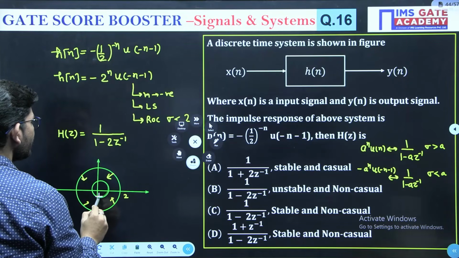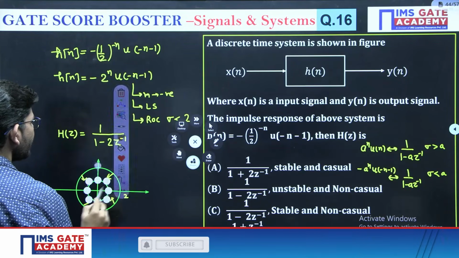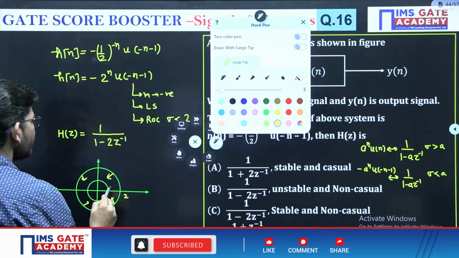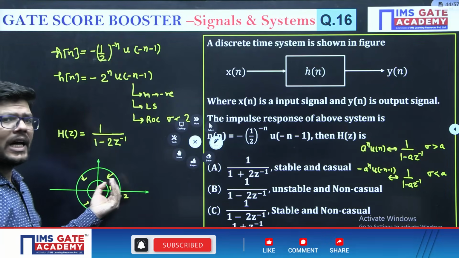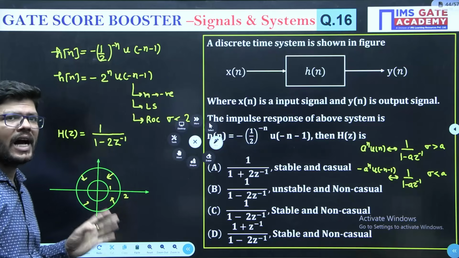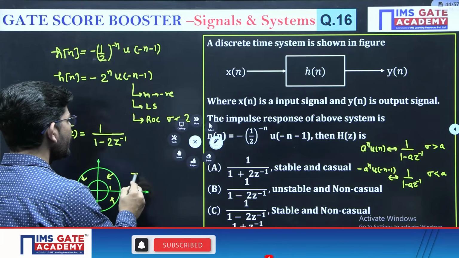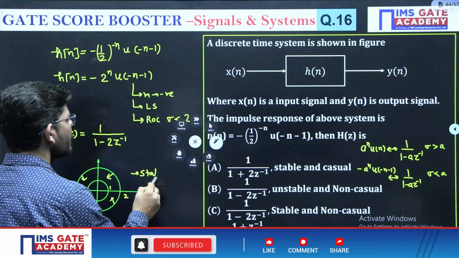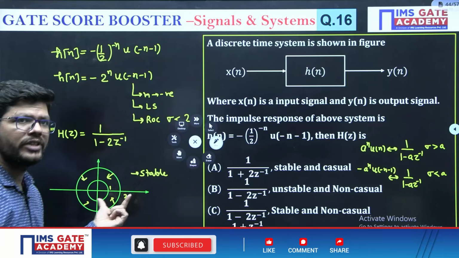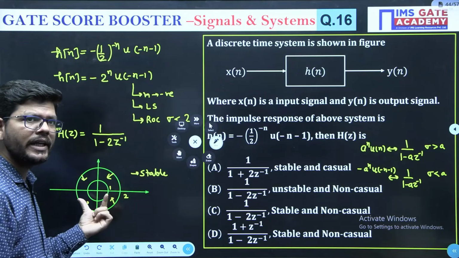So, the unit circle will be somewhere here. This is the unit circle. Now, whether this ROC is including the unit circle, the answer is yes, right? If it is including the unit circle, it is stable, right? Because ROC is including the unit circle, correct?